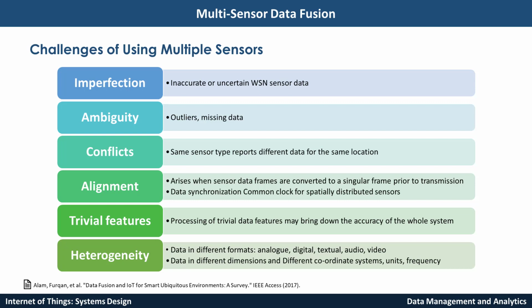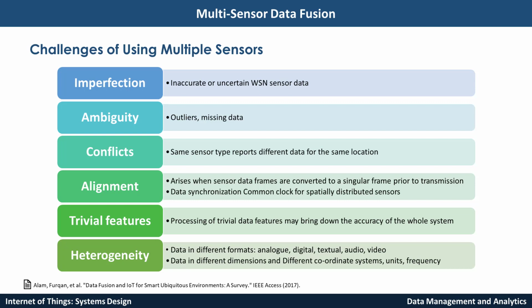For example, the same sensor type reports different data from the same location, like two temperature sensors saying two different things about the same location. If there are more than two, probably you can go for the majority. But if there are only two sensors, then it would be challenging, because you don't know which one is the wrong one. So there's a conflict.